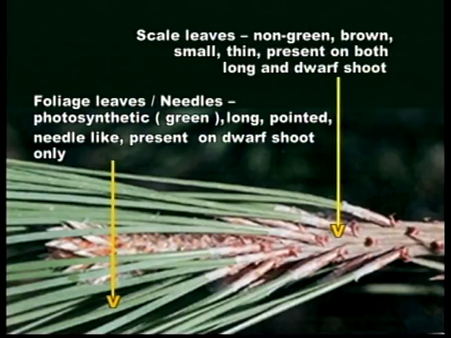Then the foliage leaves or Pinus needle. They are green, photosynthetic, acicular, that means they are needle-like, and that's why we call them Pinus needles instead of saying the foliar leaves of Pinus. They are pointed also. When we talk about the needles of Pinus with the dwarf shoot, it is known as a spur.